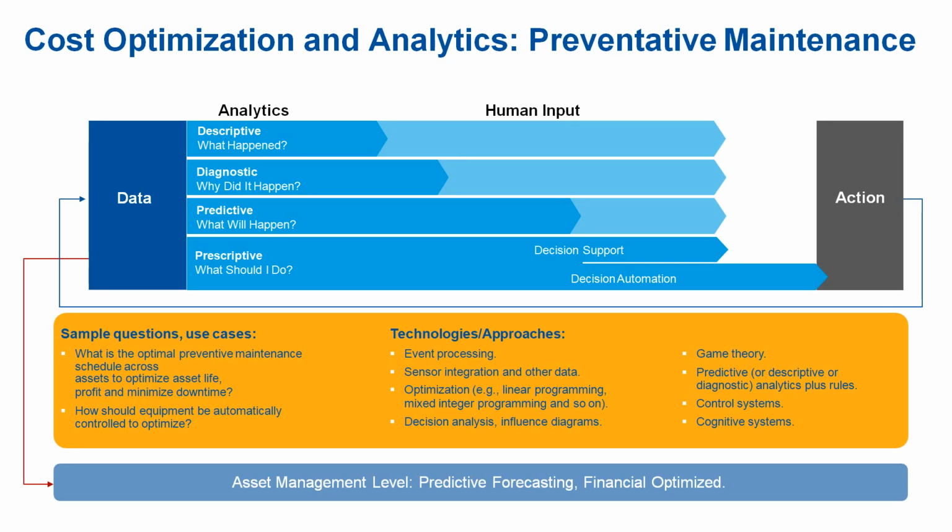And the fourth use case is preventive maintenance, where I have the data which gives me the exact scenarios: what happened before and why it happened. Using predictive analytics I will find out, based on the previous data, what will happen, and what I should do using prescriptive analytics.